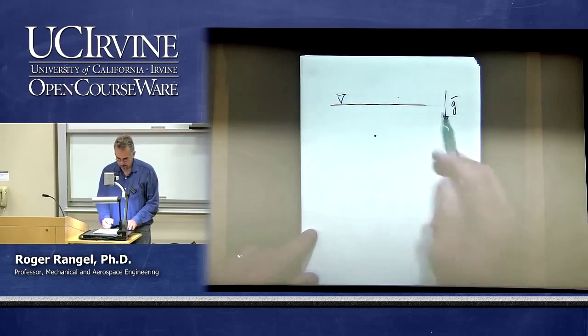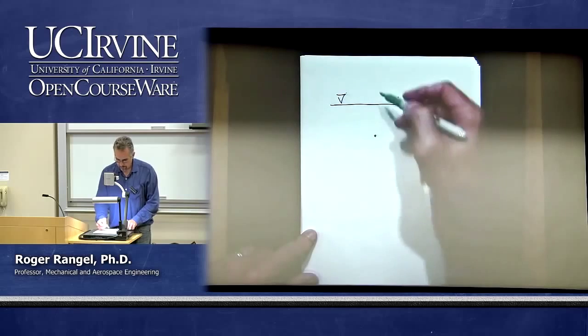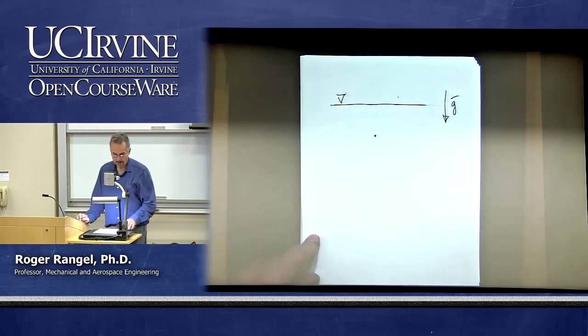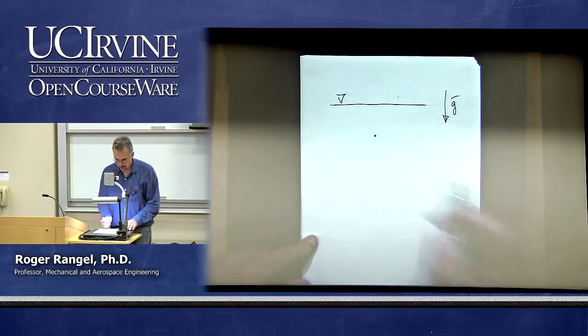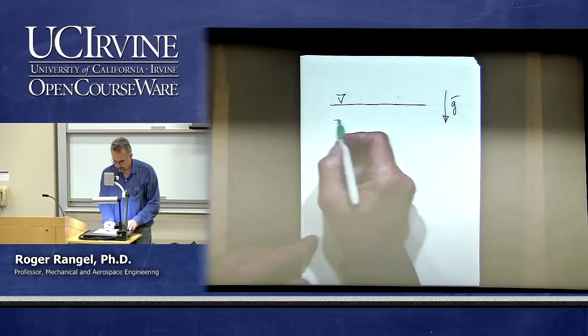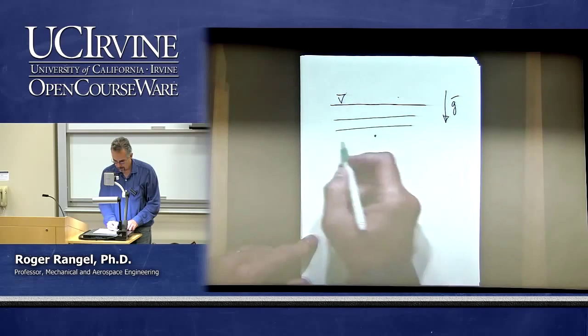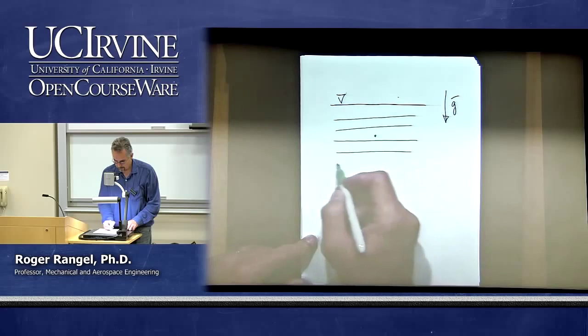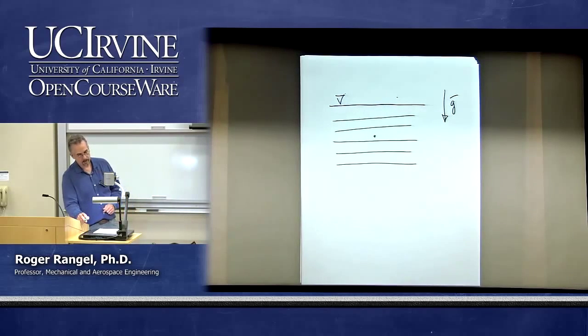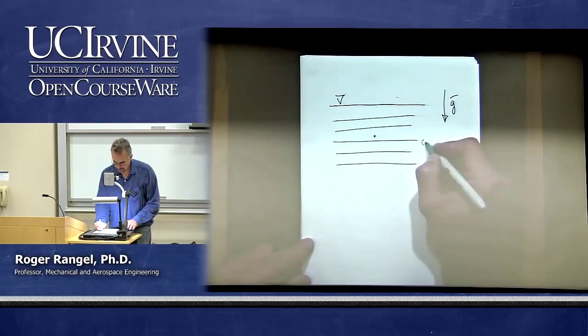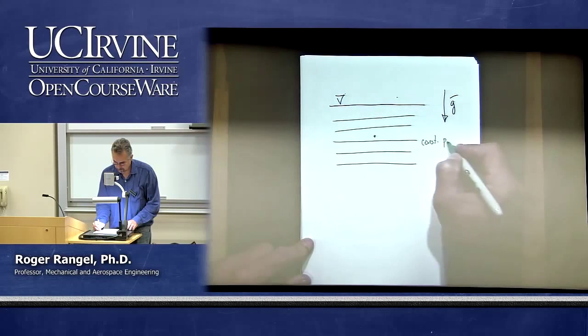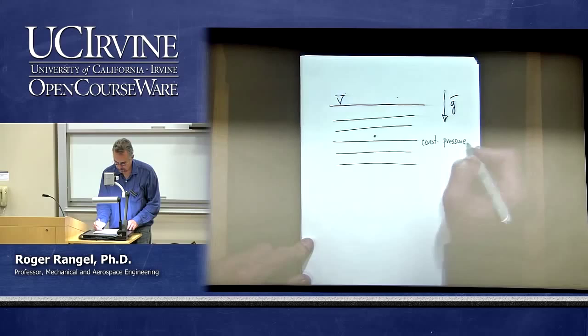The pressure only changes if you move in the direction of gravity, which is our z direction. So I know that if I draw horizontal lines, all those lines are lines where the pressure is constant. These are constant pressure lines.